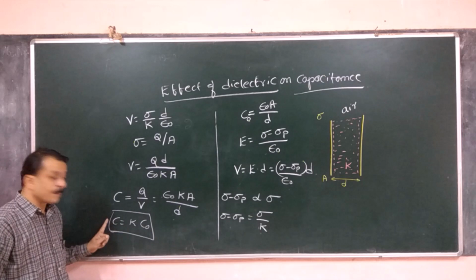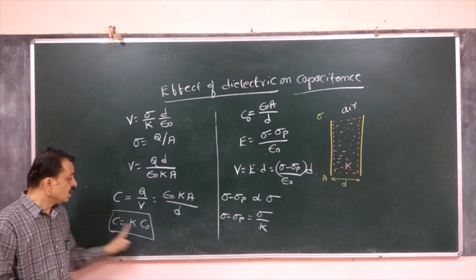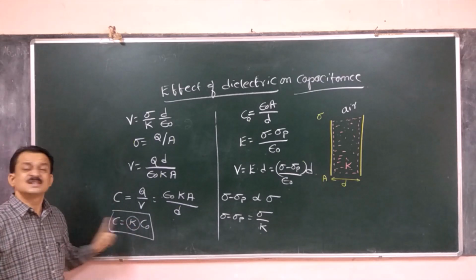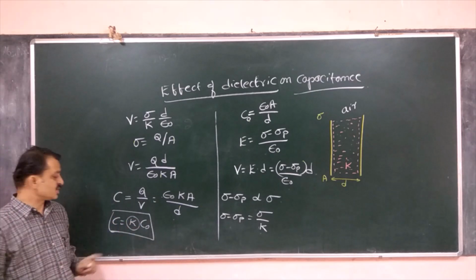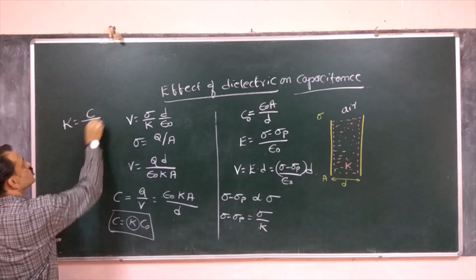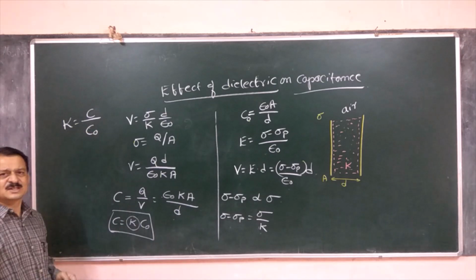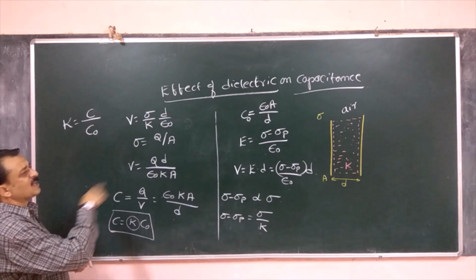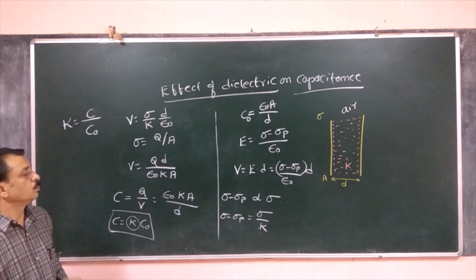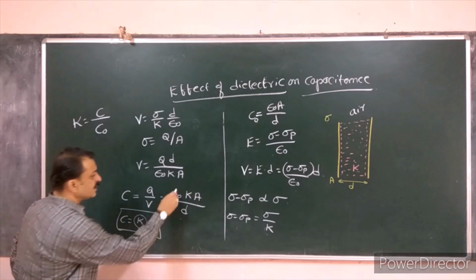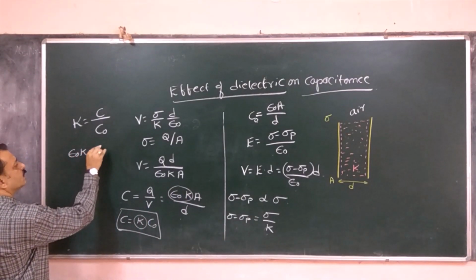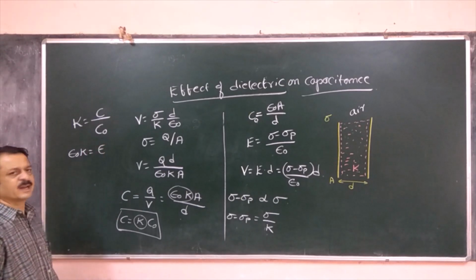So therefore, the capacitance in the presence of dielectric is going to increase by a factor K, and this is called dielectric constant. By this relation, we can define the dielectric constant. It is the ratio of capacitance in the presence of dielectric to the capacitance of the parallel plate with air or vacuum. Now, the product epsilon naught into K is denoted by the letter epsilon.